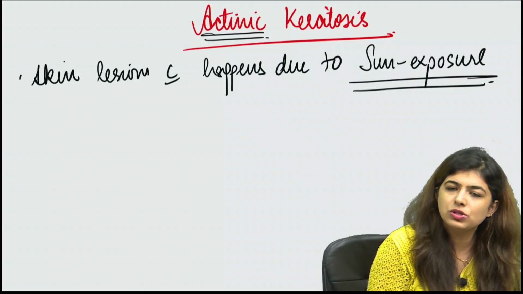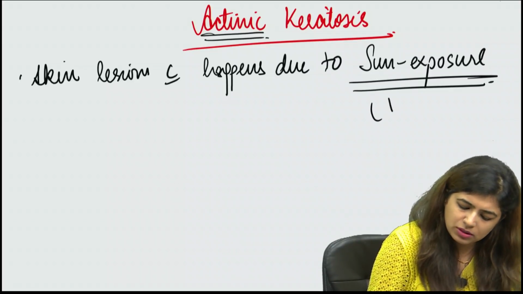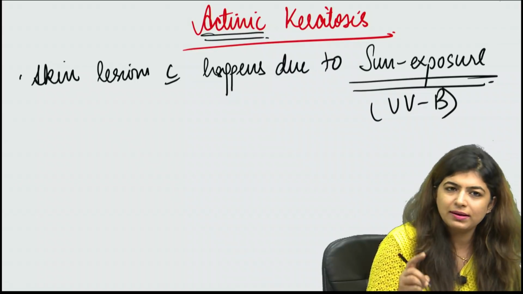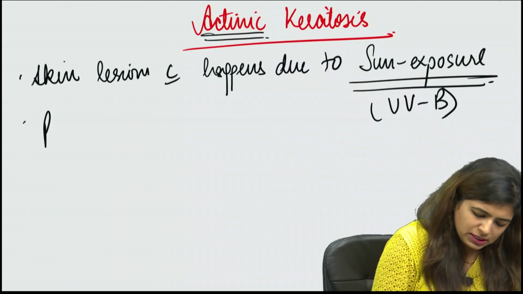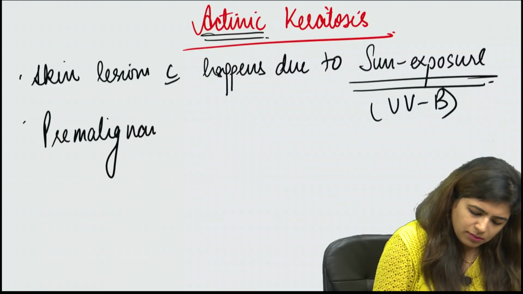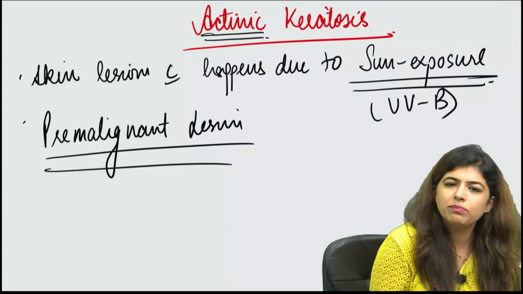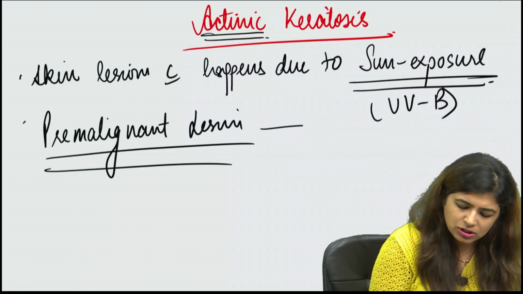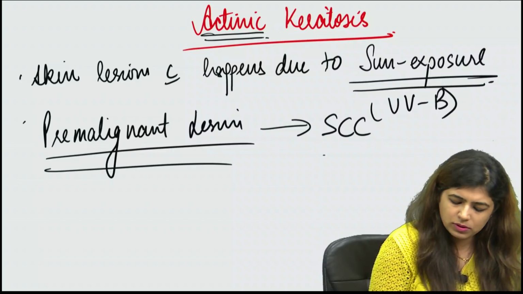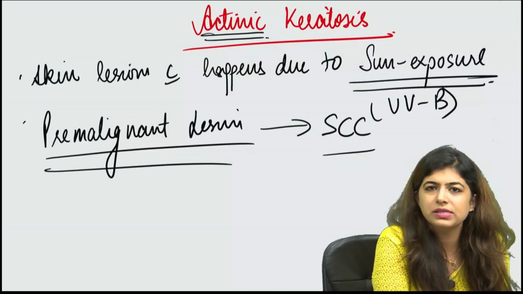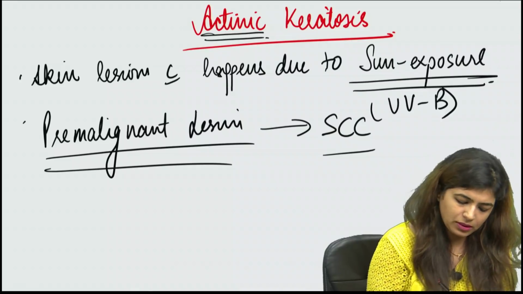So this happens due to sun exposure. Which component of sun exposure? UVB. Now, this is a pre-malignant lesion. That is why it is so important, because it is a pre-malignant lesion. It can lead to the development of squamous cell carcinoma.